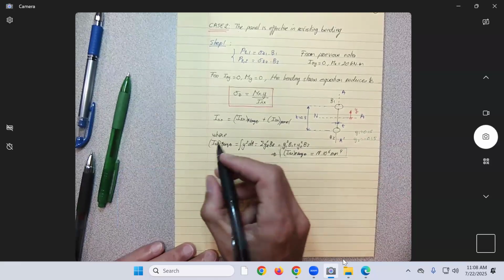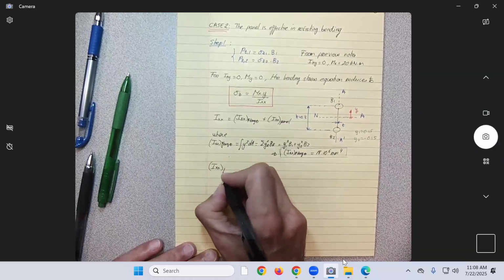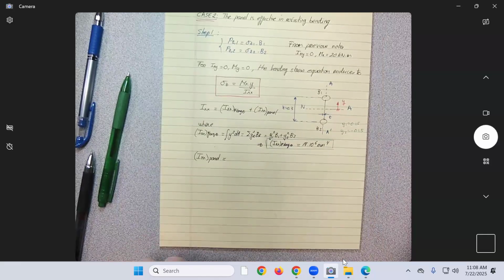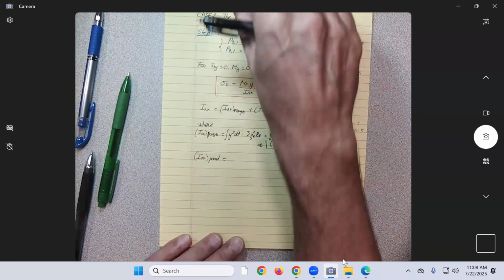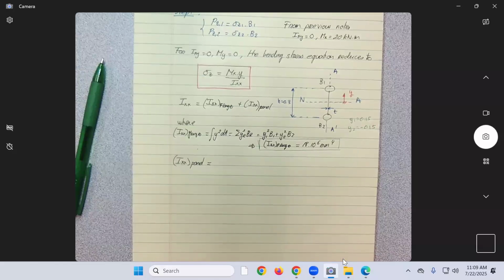The next will be IXX of the skin panel. I can maybe try to zoom in a little bit to help you. But if I go out of screen, let me know.